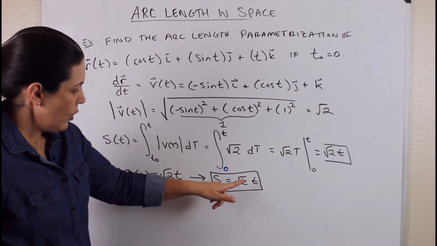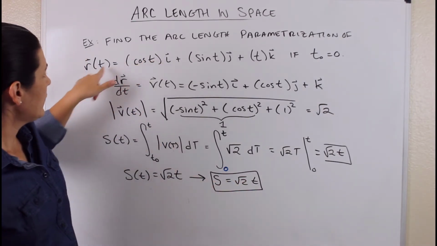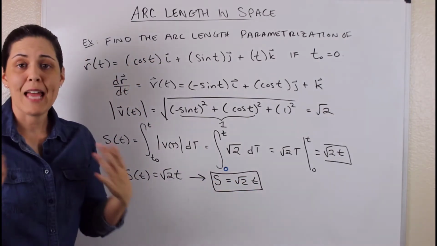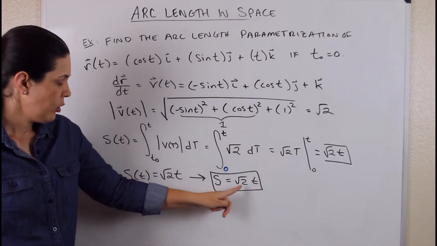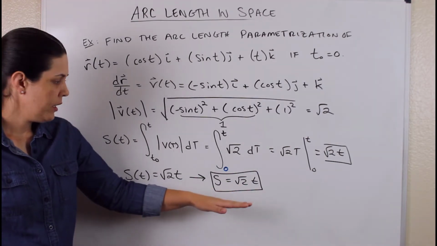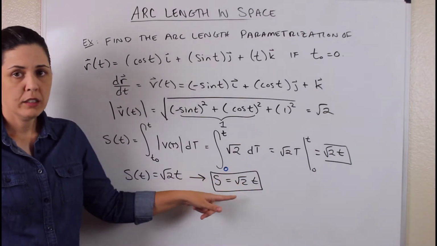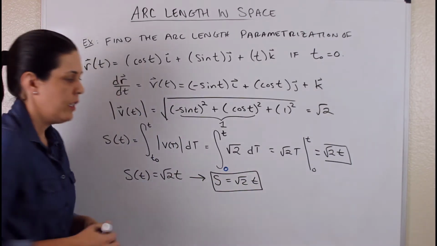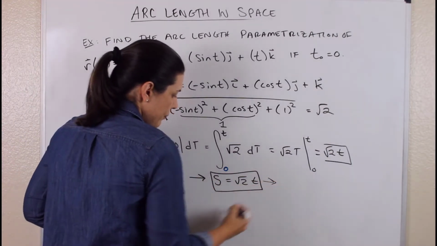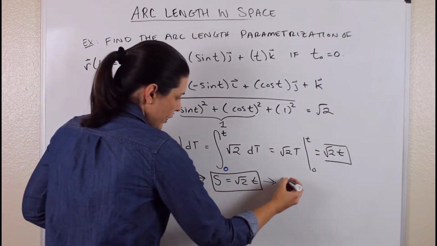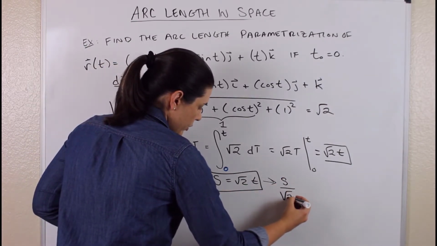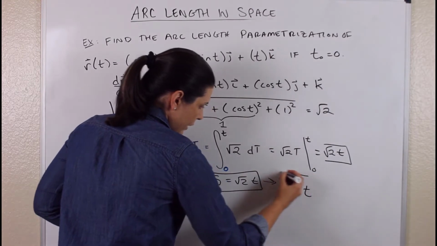So now we need to basically rewrite this function up here in terms of s, arc length. All you've got to do, and we mentioned it just a minute ago, is solve for t, and then we can plug it back in here. So if we solve this for t, just divide by square root 2. So we have s divided by square root 2 equals t.